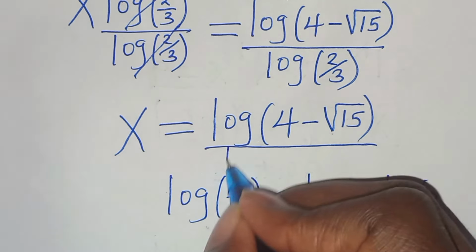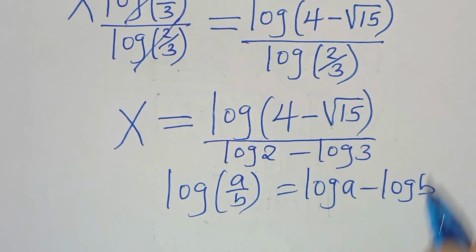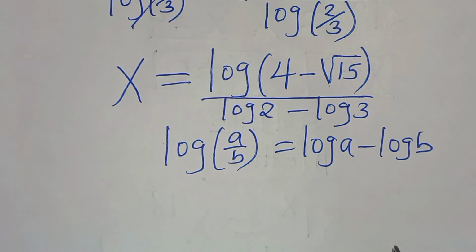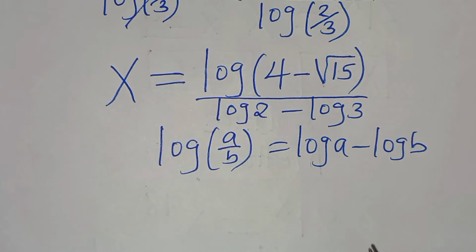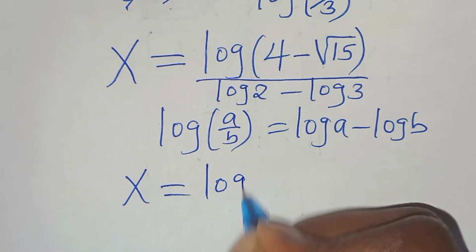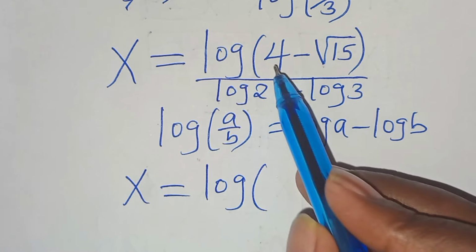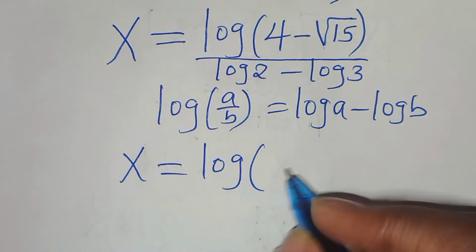So here we have log 2 subtract log 3. So this implies that x is equal to log 4 minus square root of 15.